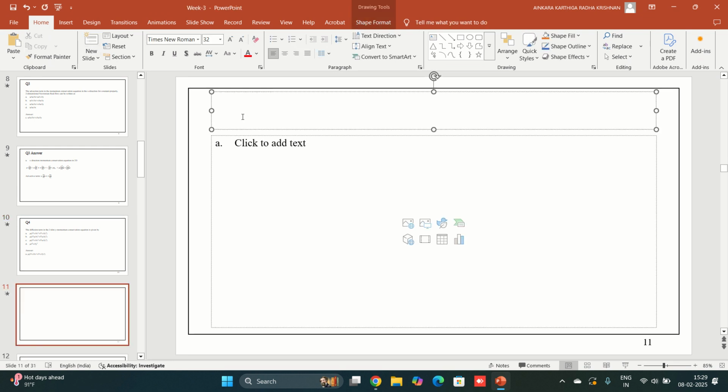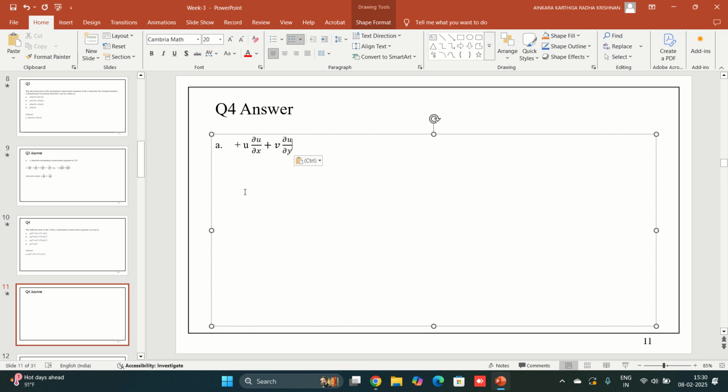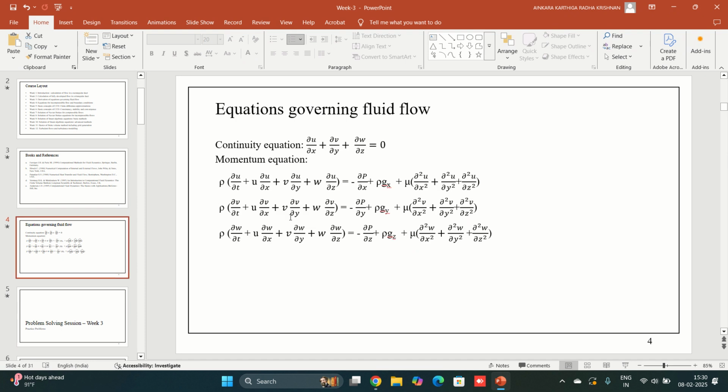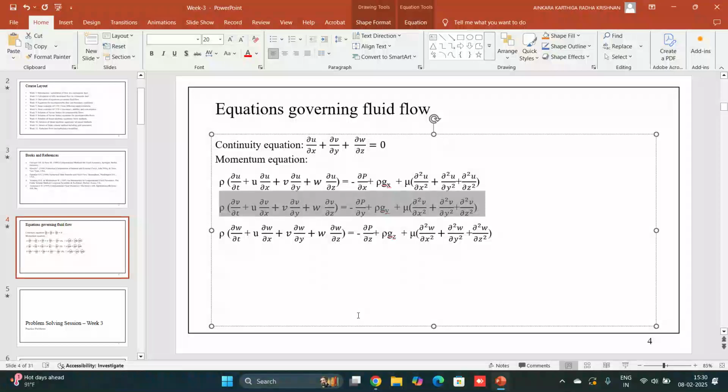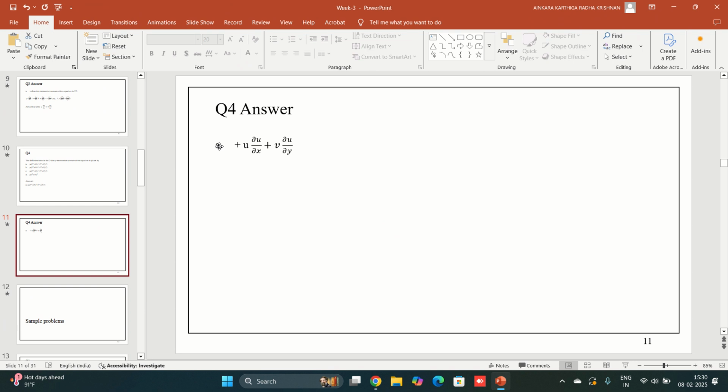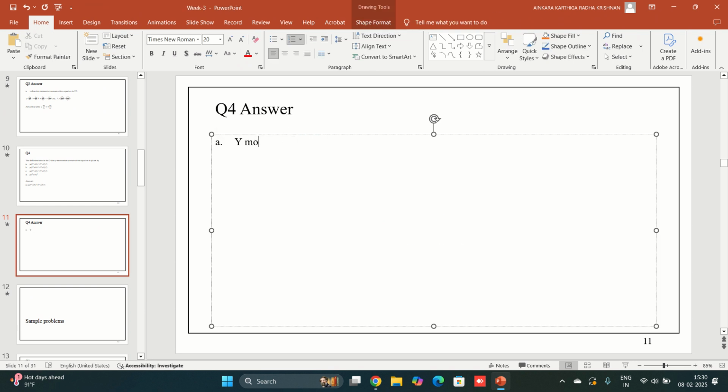However, I am just giving a more full answer. This is the equation, and therefore y momentum conservation equation in 2-dimension.